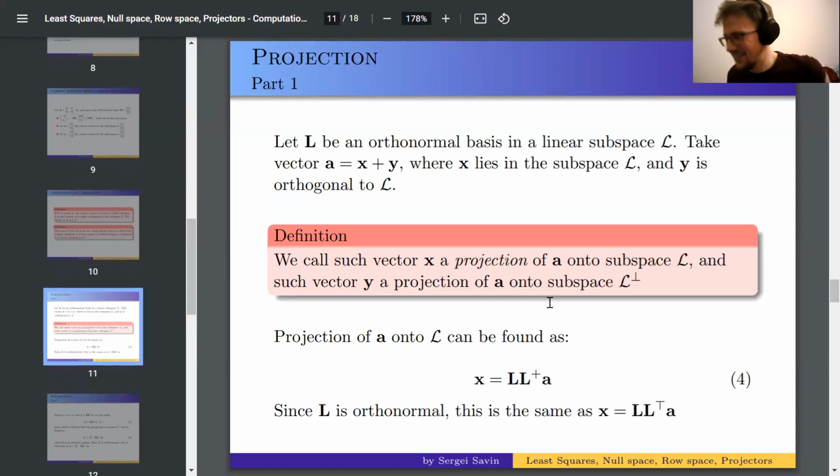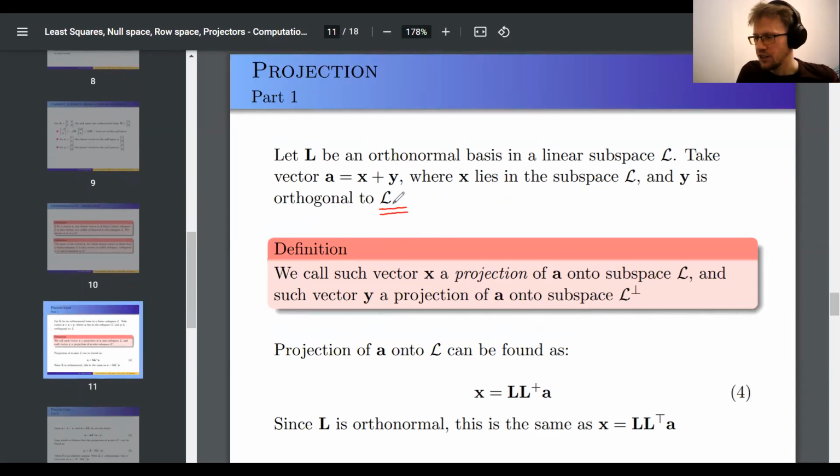So I have a question. Yes, please. L is a subspace. How do you multiply a subspace? When I say subspace, I refer to this squiggly L. Oh, okay. And L, which is bold, is the orthonormal basis.